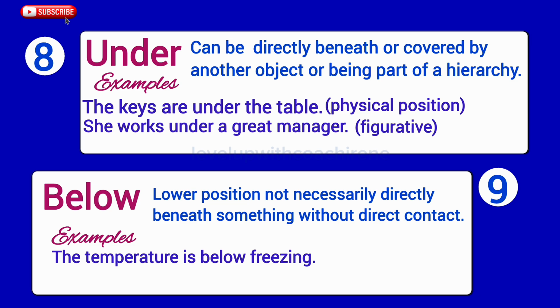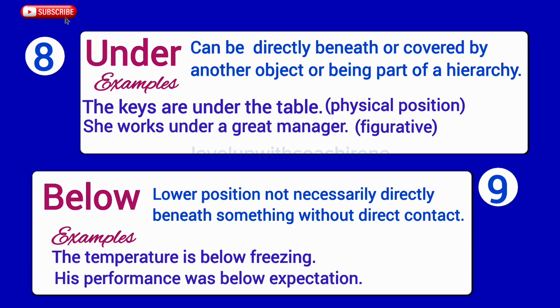Another example would be, his performance was below expectation. This implies that the performance was lower than a standard or level. The first sentence implies physical position, whilst the second shows rank or level.